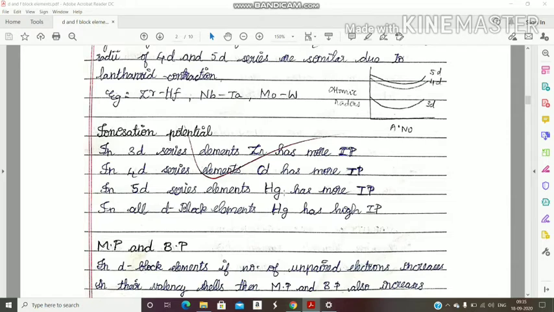If effective nuclear attraction is more, then size will be less than expected. Then automatically IP will be more. That is the reason behind that. I repeat that point once again. From top to bottom, the effective nuclear attraction will be more in case of mercury. Thereby size will be less than expected, so mercury will have high IP. So this is a very important point.